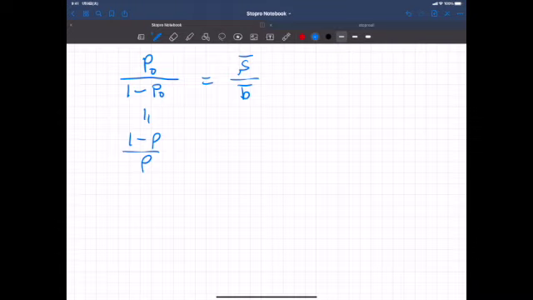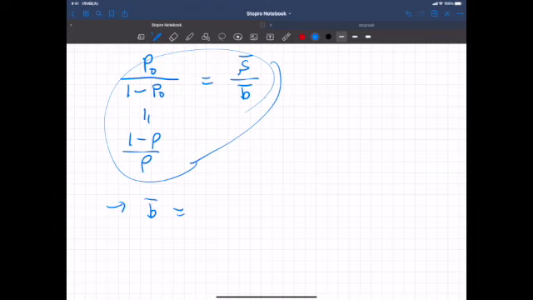Okay, so from this we should have B bar, the average duration of the busy periods, as S bar times rho over 1 minus rho. But S bar is 1 over lambda. And so this should be the expected duration of the busy periods.